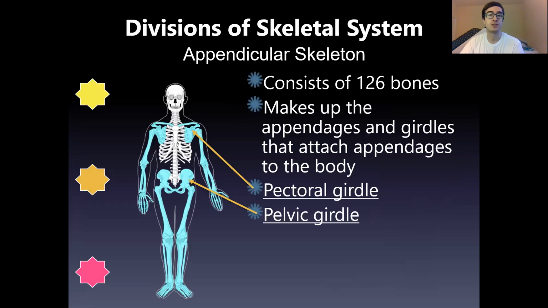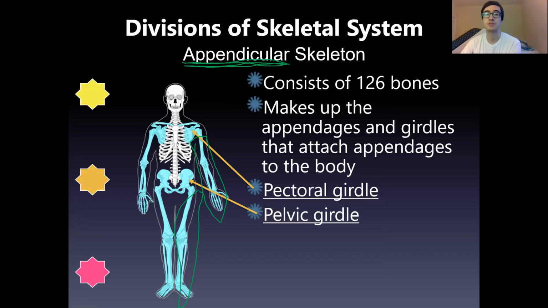The appendicular skeleton, or where your appendages are, is all the bones that make up your arms and your legs and where they attach to that axial skeleton. So obviously we have all of our arm bones and all of our leg bones.